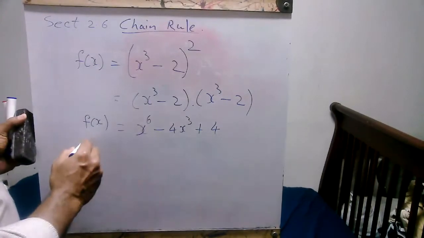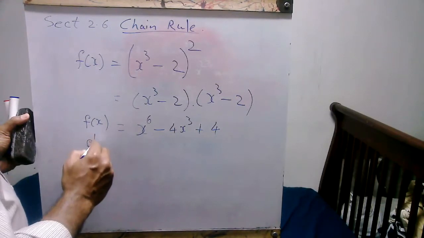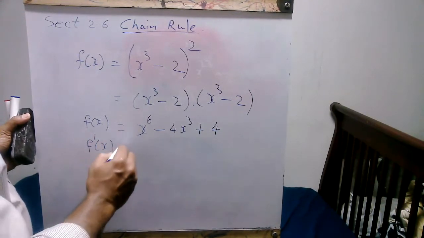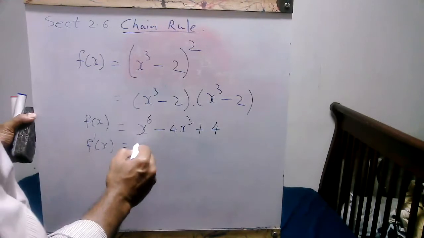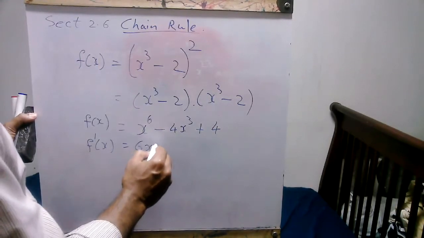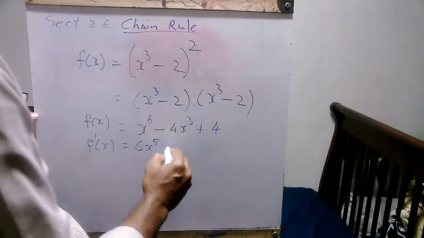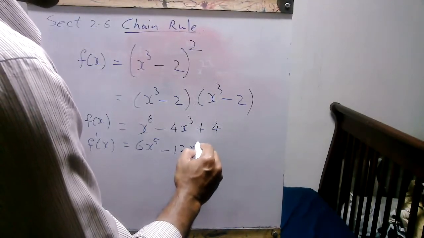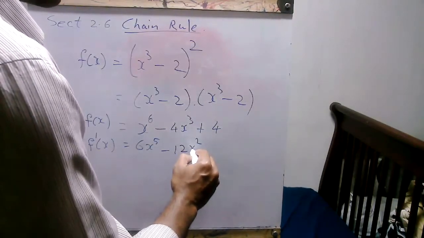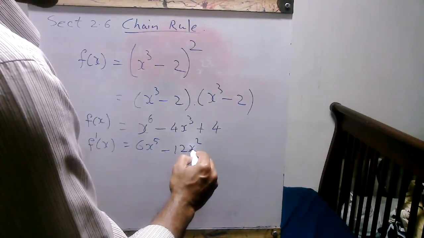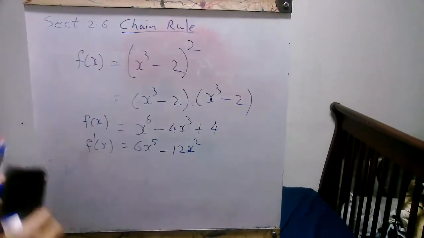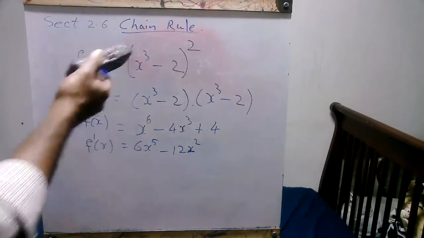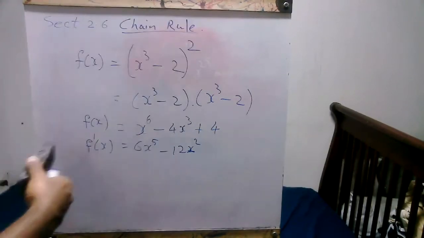Now if you differentiate this, f dash x equals 6x to the 5 minus 12x to the 2. Simply I used the power rule, right? Okay. In this way we can do this.